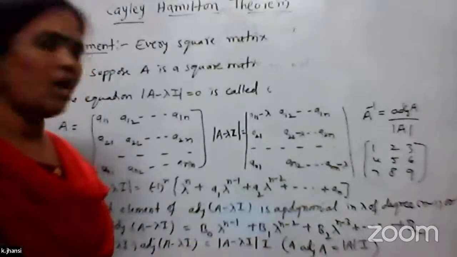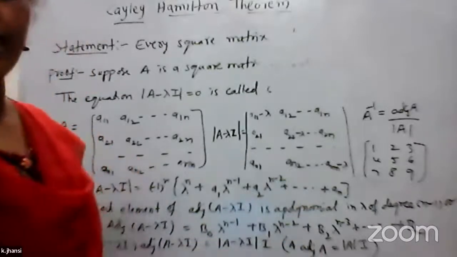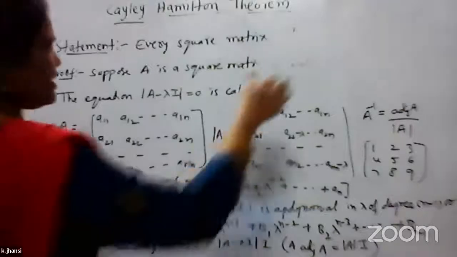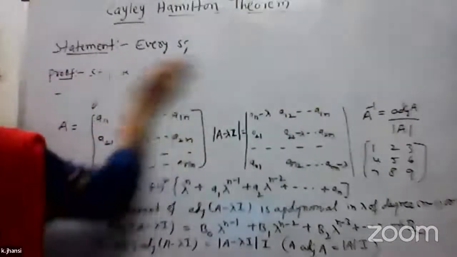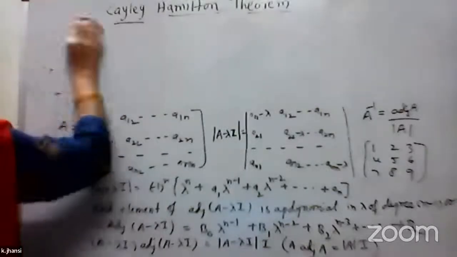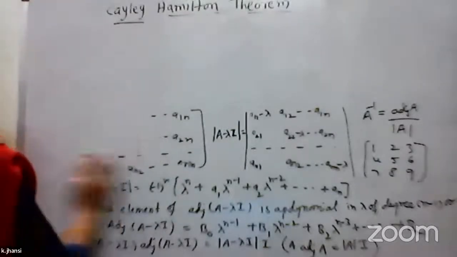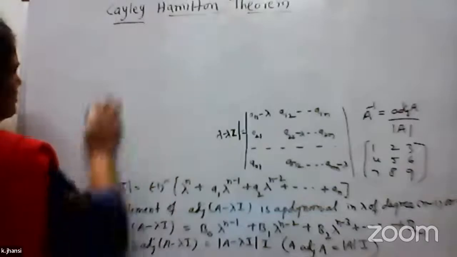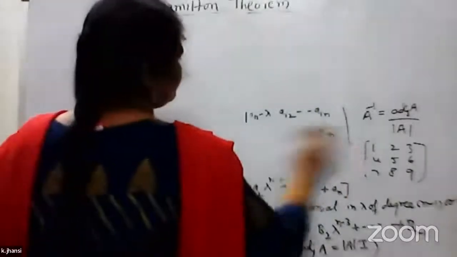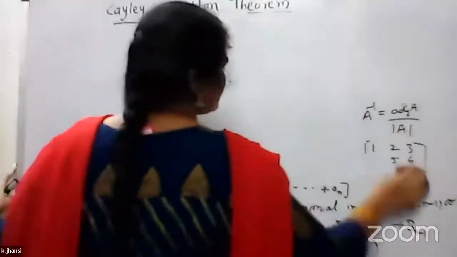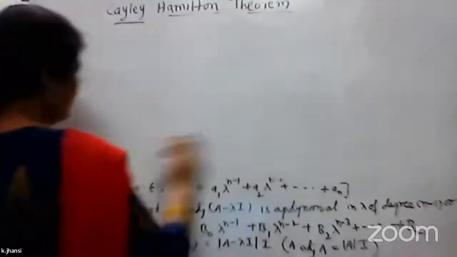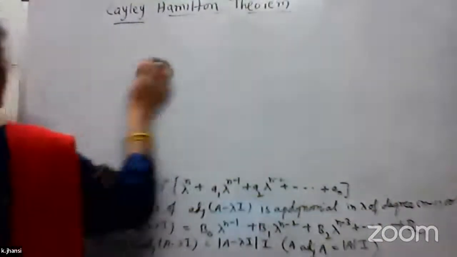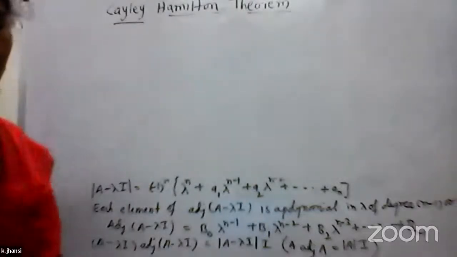That is why every square matrix satisfies its characteristic equation. In your textbook the proof is somewhat different, but if you write this also, it is the same concept.